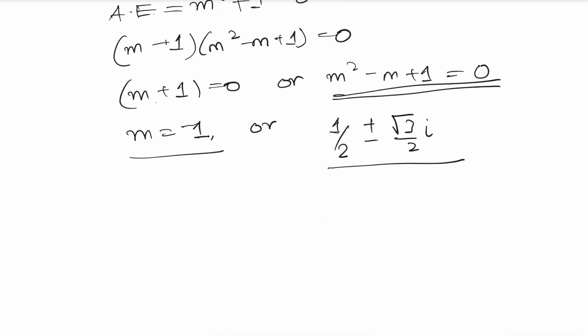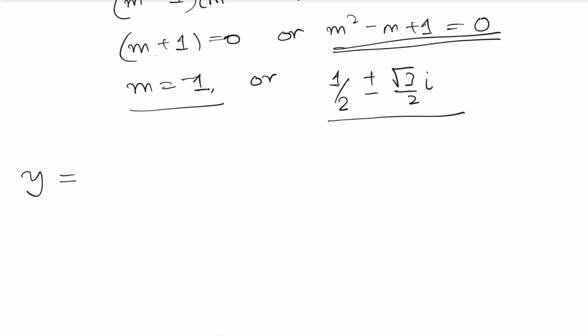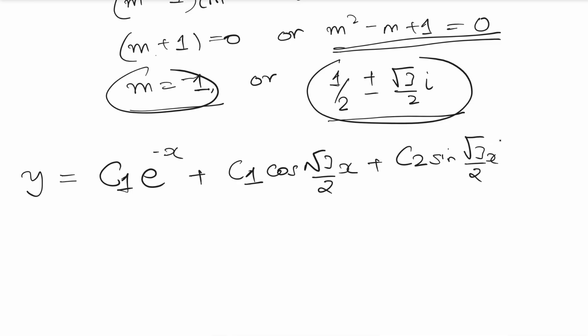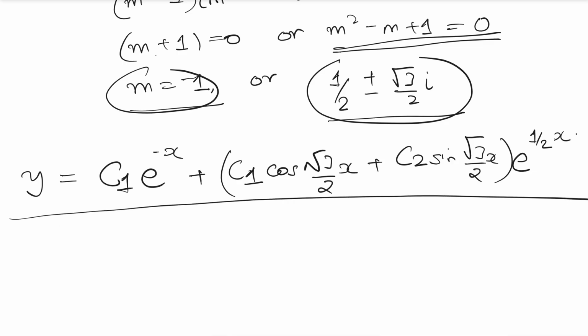So what will be the equation? y is equal to, for the real root, c1 e raised to minus x, plus for the complex root, [c1 cos (root 3 by 2) x plus c2 sine (root 3 by 2) x] multiplied by e raised to 1 over 2 x, and this will be our solution.